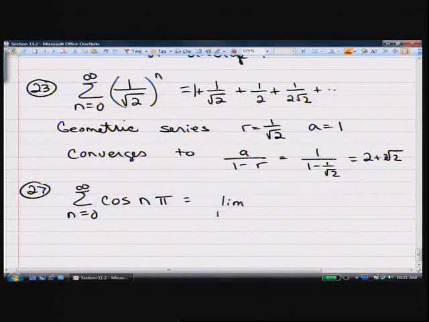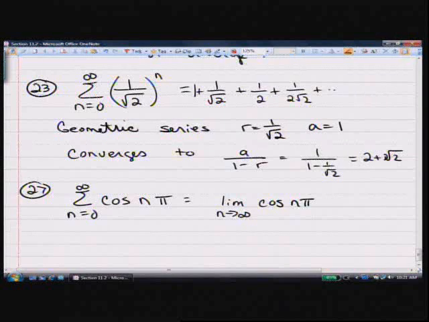What is the limit as n goes to infinity of the cosine of n times pi? And remember that n is counting, like it's 1, 2, 3, 4. So this is going to be cosine pi, cosine 2 pi, cosine 3 pi.